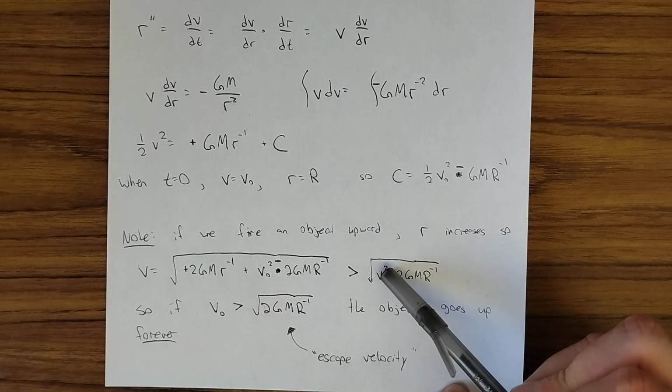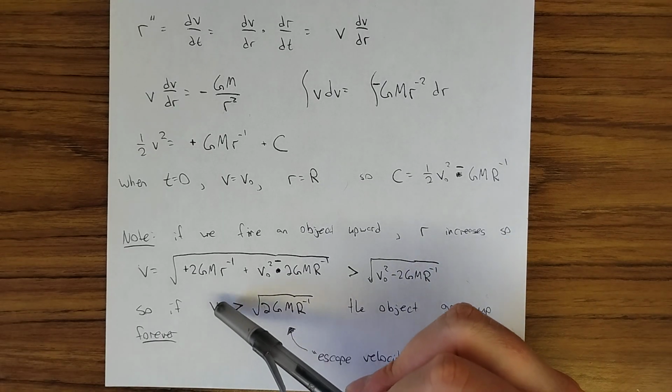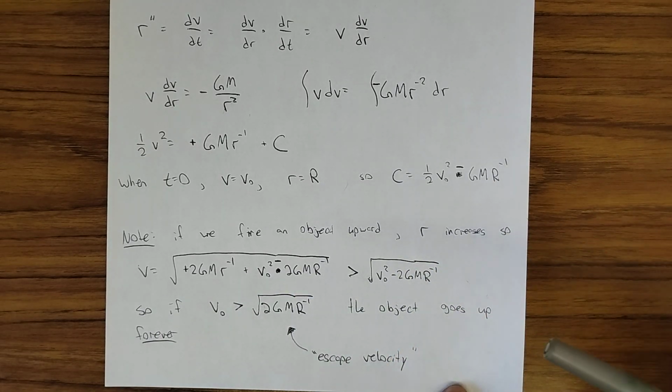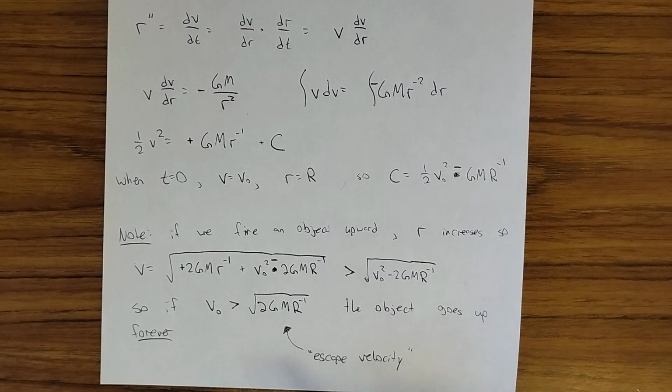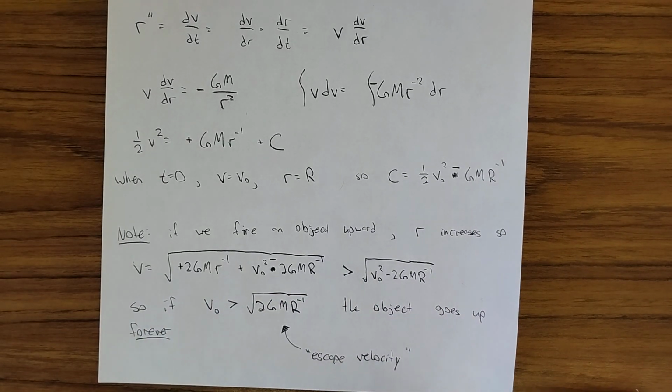Well, v naught squared needs to be bigger than this number, so v naught needs to be bigger than the square root of this number. And that's what we call the escape velocity. If your initial velocity v naught is at least this number, then the object will escape the gravity of the Earth, so to speak. It will keep positive velocity forever.